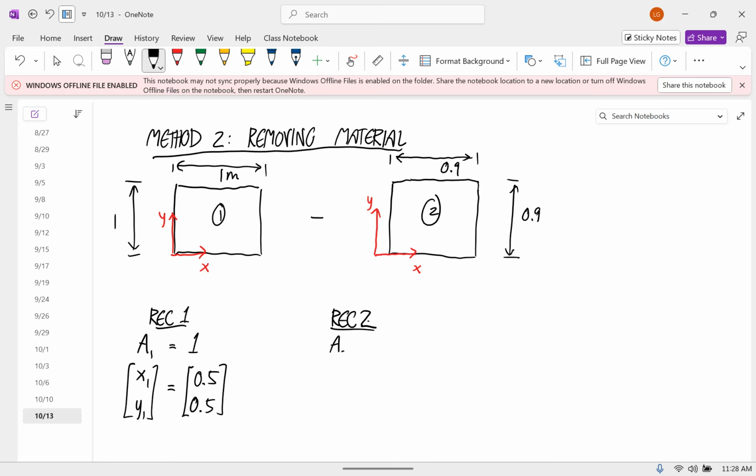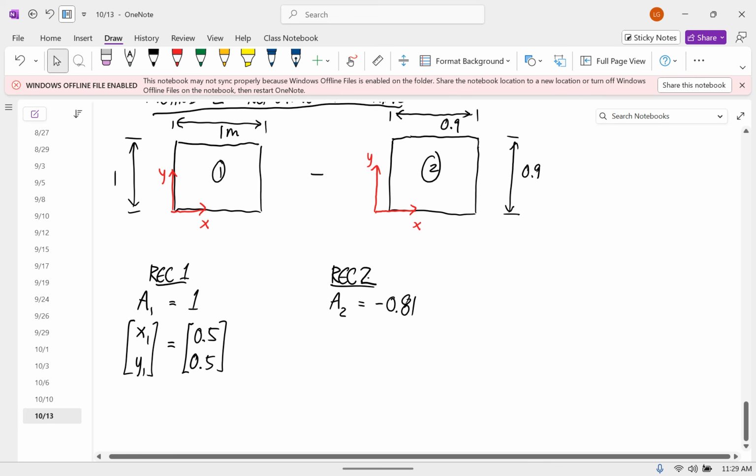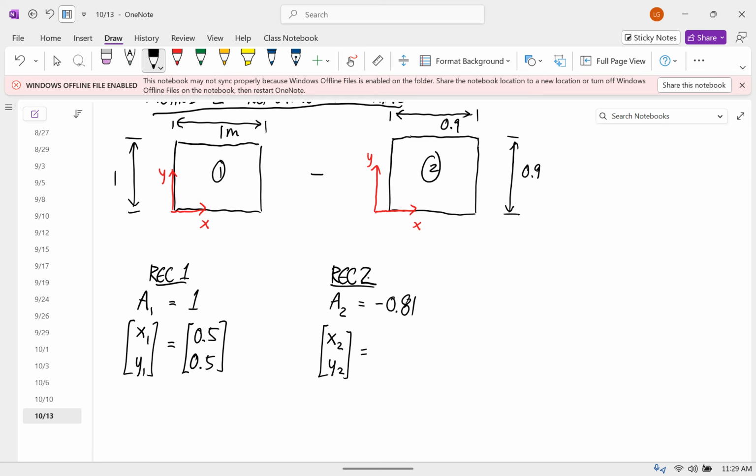So the area of 2 is negative 0.81. And the centroid: from the origin horizontally, you have to go 0.1 meters to get to the left edge of that square, and then you have to go 0.45. So this is 0.55. Vertically, you don't have anything like that. The height is just 0.9, so you just have to go up 0.45.